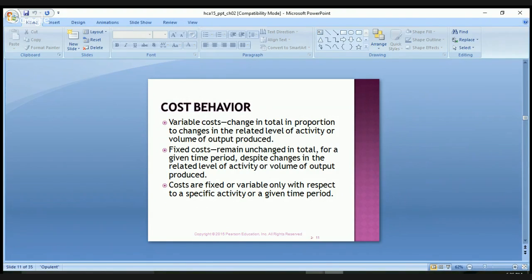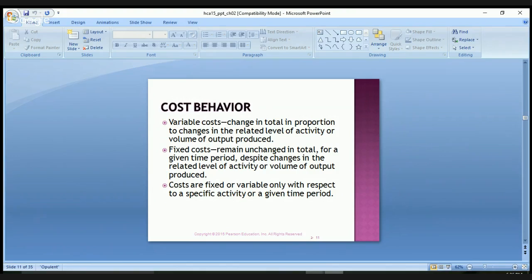All right. Now, fixed costs remain unchanged in total for a given time period despite changes in the related level of activity or volume of output produced. So fixed costs are those costs that no matter how much I produce, I still have the same cost.